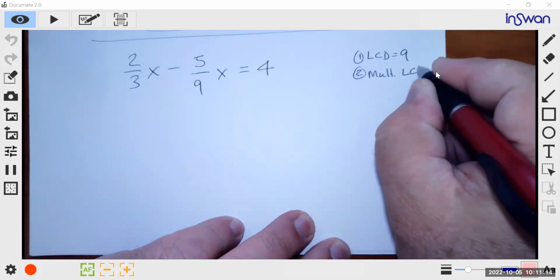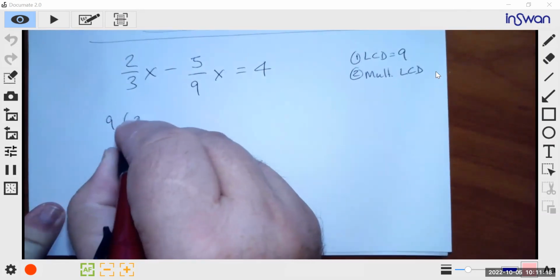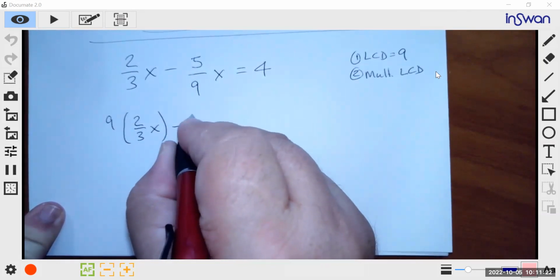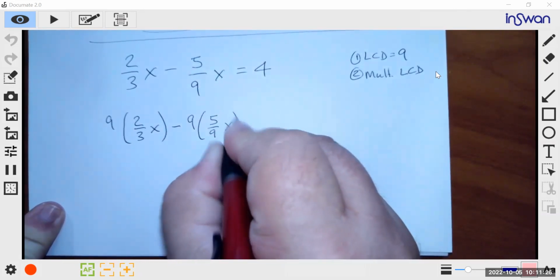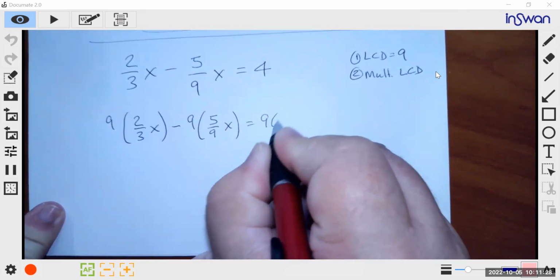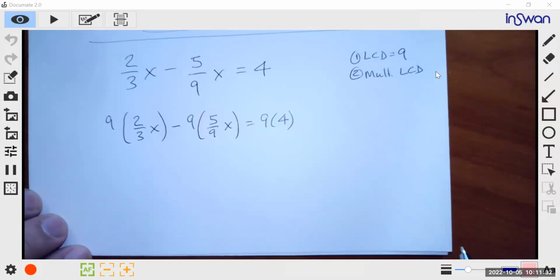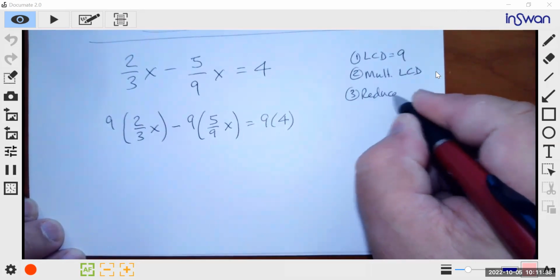Multiply the LCD to each term. So we have 9 times 2/3 x minus 9 times 5/9 x equals 9 times 4. So find the LCD, multiply each term. Reduce.